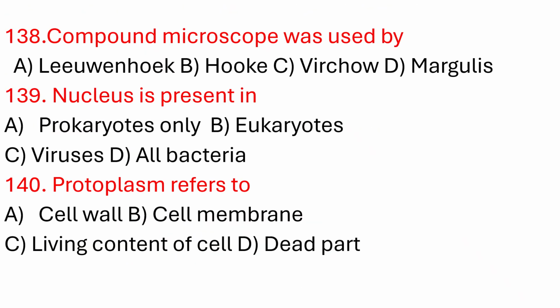The compound microscope was used by Hooke. Nucleus is present in prokaryotes only, eukaryotes, viruses, all bacteria. Eukaryotes. Protoplasma refers to cell wall, cell membrane, living content of the cell, or dead part. Living content of the cell.